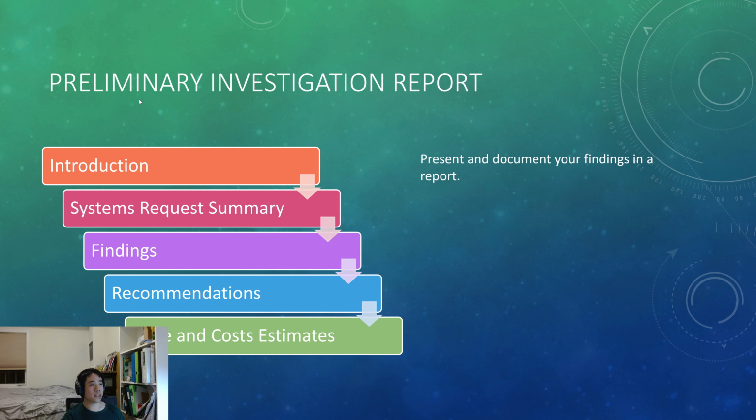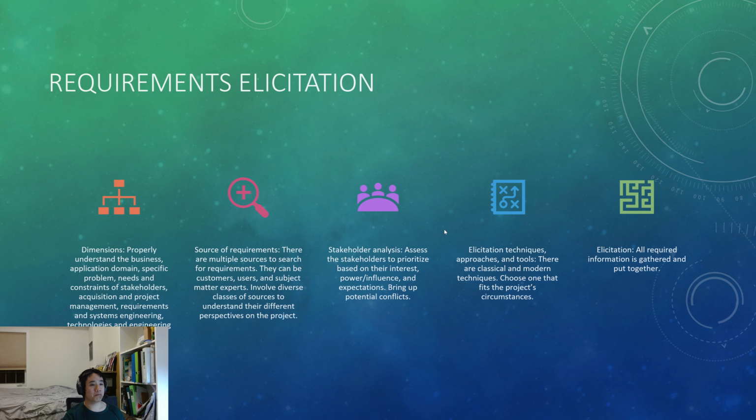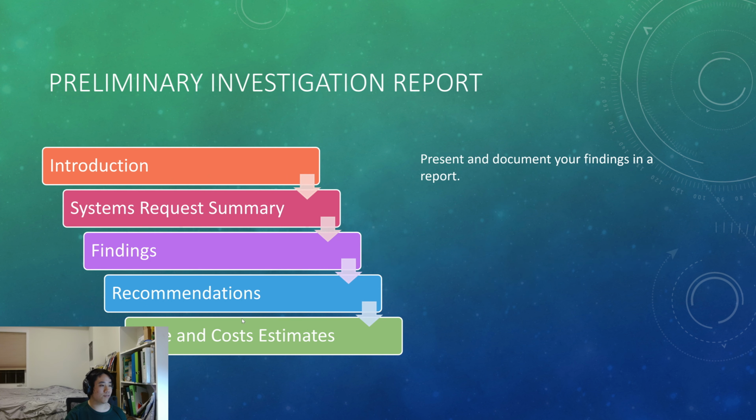After you're done with all the steps, you're going to present your preliminary findings as a report. You can structure your report this way, and that's about it. That's the report. There is nothing else I can tell you about it.